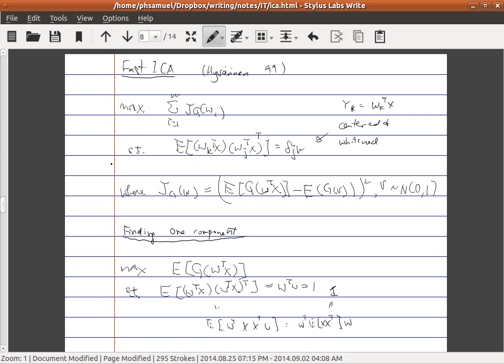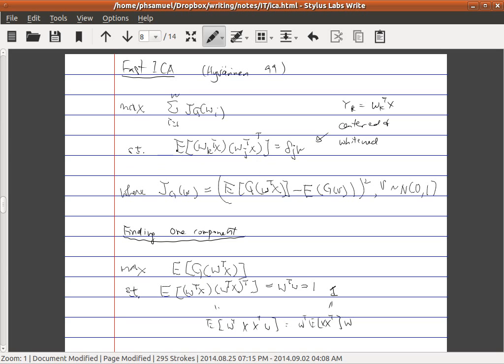Again, the idea is very simple. We just want to maximize the non-Gaussianity. Basically, maximize the sum of the negentropies of all these components, subject to the constraint that we want to make sure that the resulting y is also centered and whitened.